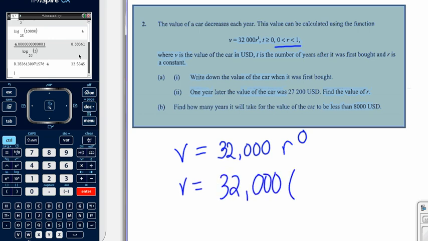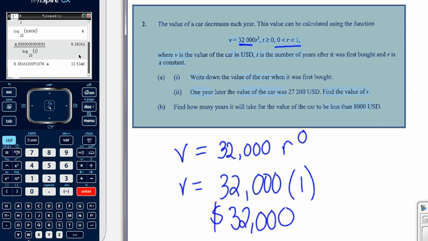So 32,000 times 1, or we could see that right away. This is going to be our initial value. So the value when it was first bought is 32,000 US dollars.